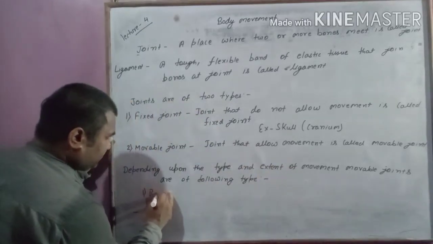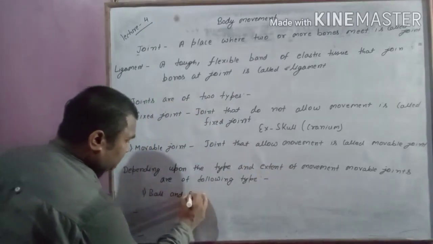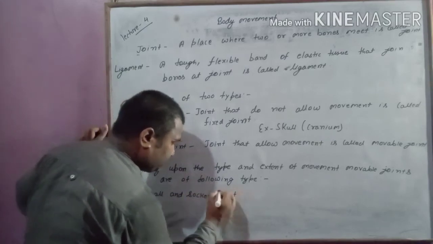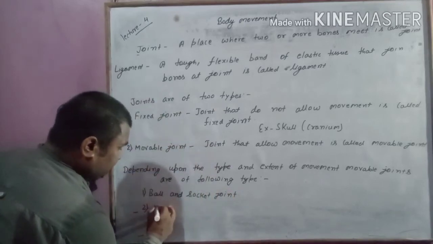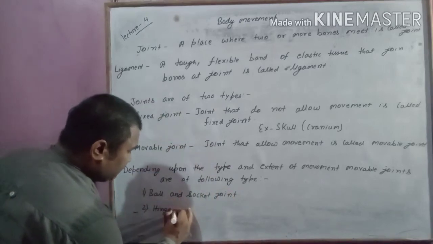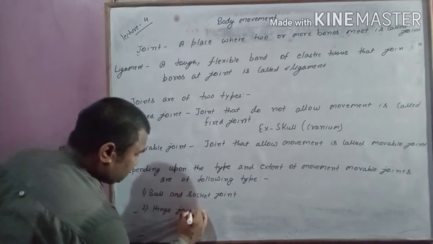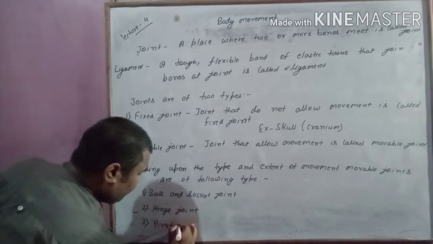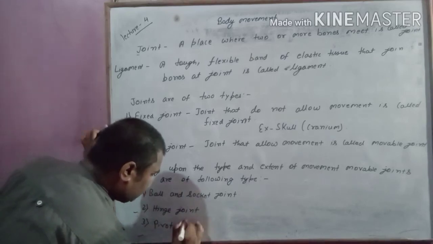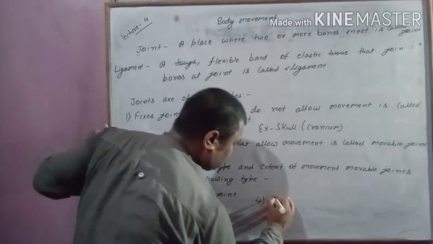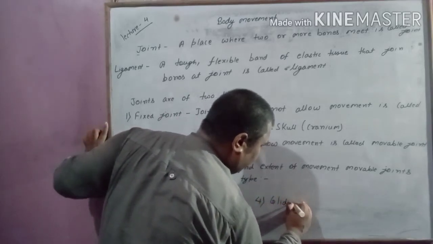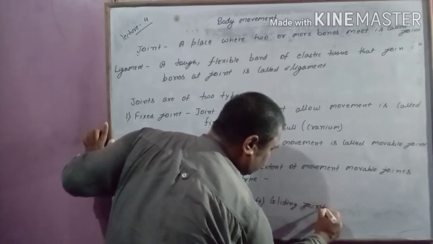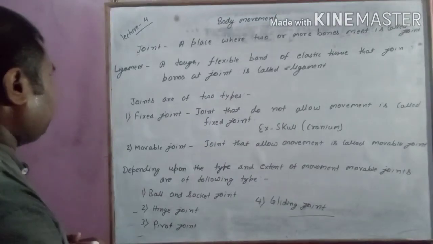First, ball and socket joint. Second, hinge joint. Third, pivot joint. And fourth, gliding joint.